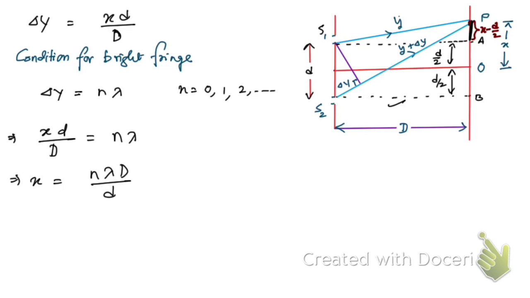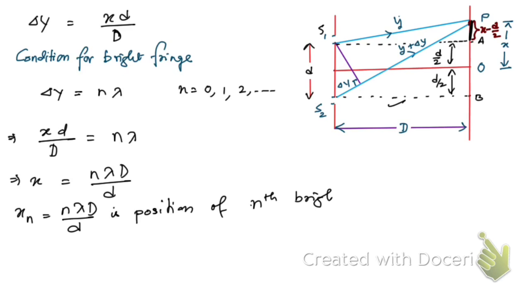That's what we have got. So it gives the position of the nth bright fringe.